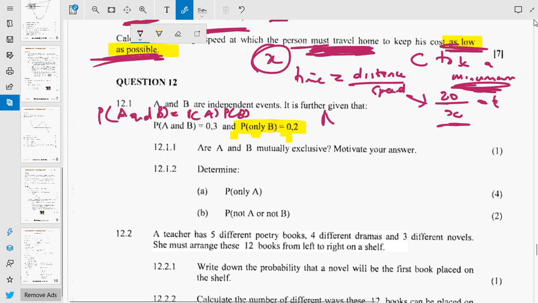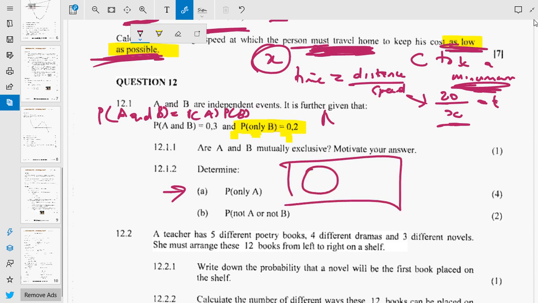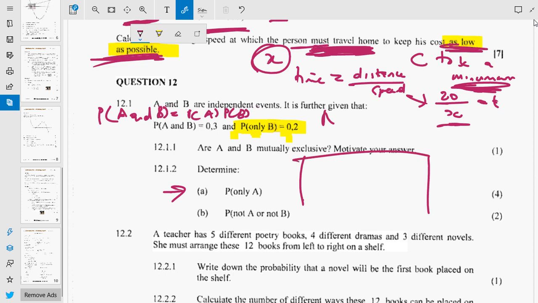Now, the second part of the question is asking you to find the probability of only A. This question was a little bit tricky. If you try and just do it as it is, you will run into some trouble. I think a Venn diagram will be helpful. So I've got A, I've got B. This Venn diagram is very small and I want to be able to put my numbers.